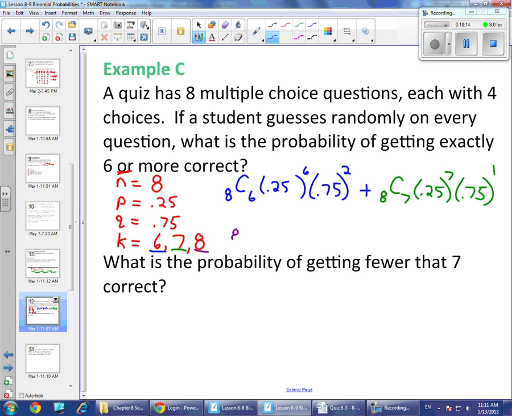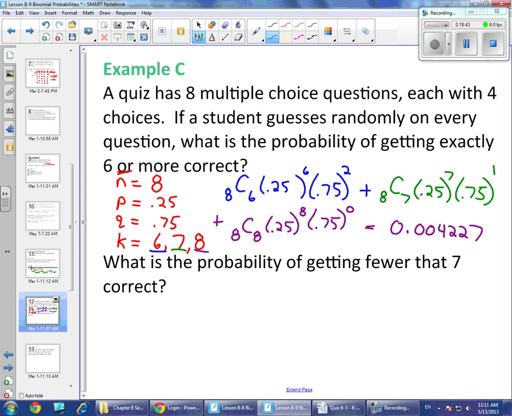So I'm going to go 8C8 times 0.25 raised to the 8th times 0.75 raised to the 0. And then just do this calculation. Add these 3 together. So when I add these 3 together, I get 0.004227.